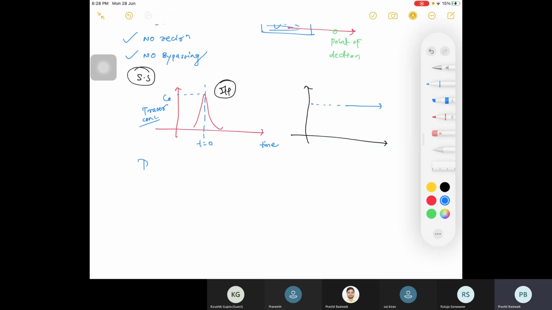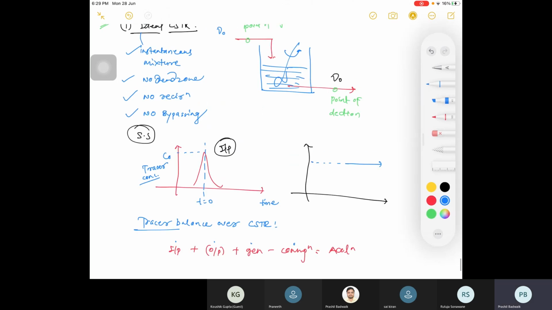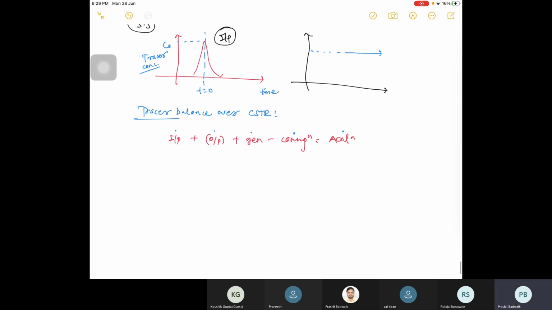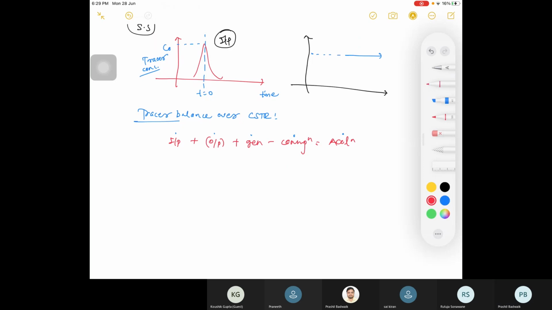So tracer balance over CSTR. If you balance it, input minus output plus generation minus consumption is equal to accumulation. This is all rates per unit time I'm writing, right? What is your input? Is there continuous input?